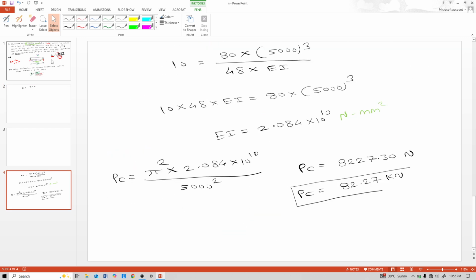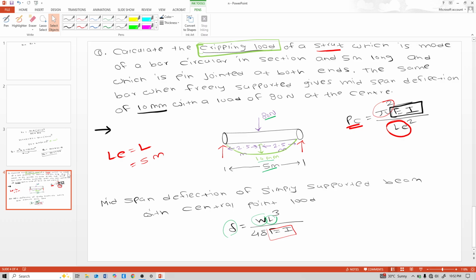There is one reason behind that. What is the reason? Because this is a strut, and a strut is generally short in length, and they are compressive force members. So maybe that is the reason behind that. In this case it is 5 meter.